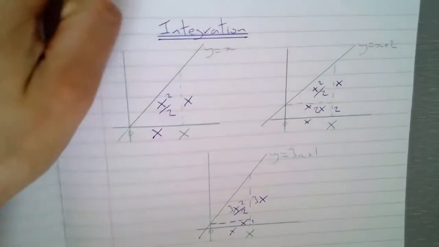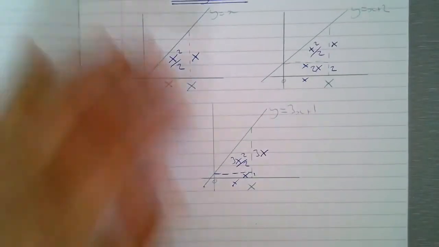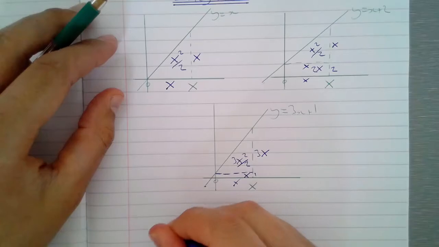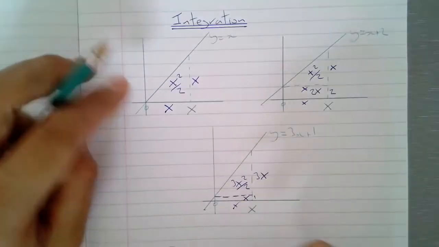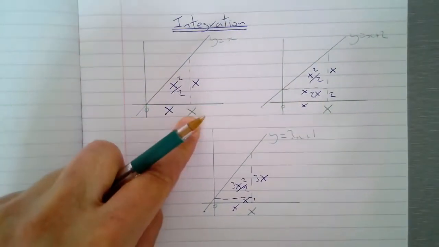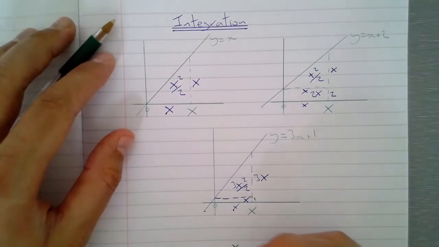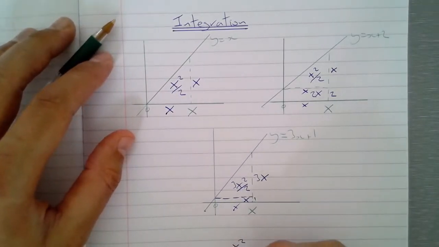So, writing all those down, for the first one I had the line y equals x. And for some arbitrary point x along the x-axis, I found out that the area underneath the graph was x squared over 2.